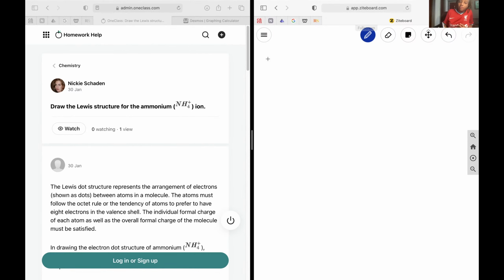Next up, we have the ammonium ion, and I'd like its Lewis structure, so I'm going to count its valence electrons. I have nitrogen, H4, and a plus charge. So again, the charge would be neutral if the number of protons equals the number of electrons. A positive charge means I have extra protons, and so it's going to be -1 valence electron is how I'm going to account for that.